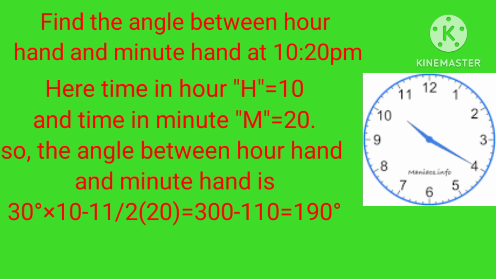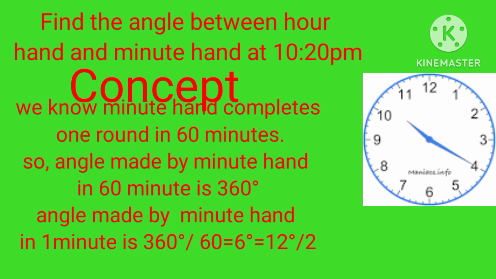Let us try to know the concept behind this. We know the minute hand completes one round in 60 minutes and one round means 360 degree angle. So the angle made by the minute hand in 60 minutes is 360 degree and the angle made by the minute hand in 1 minute is 360 degree divided by 60. It is equal to 6 degree, or may be written as 12 degree divided by 2.